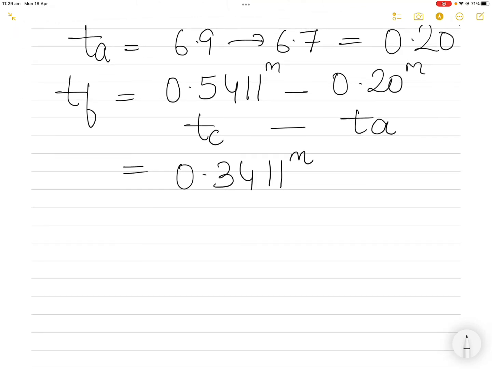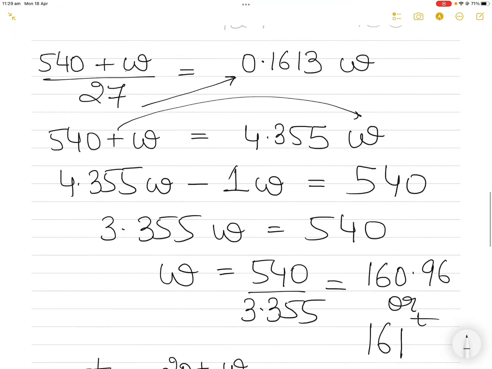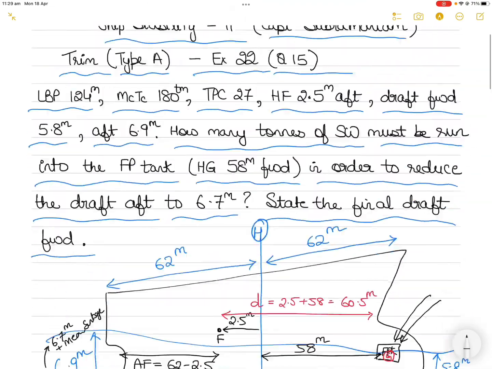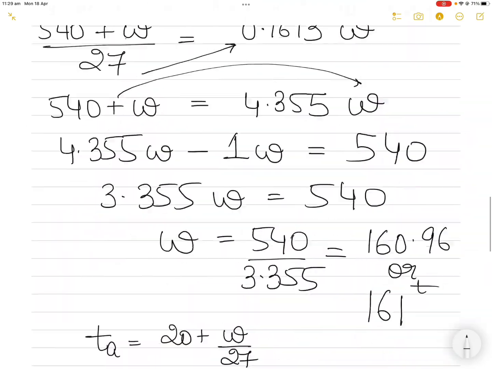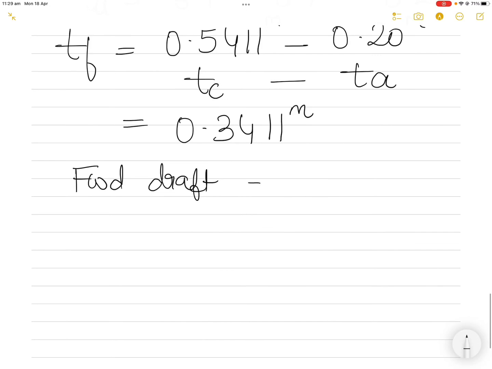All right. So how much is the forward draft? I have to go back again. The forward draft is 5.800 meters. TF is 0.3411.